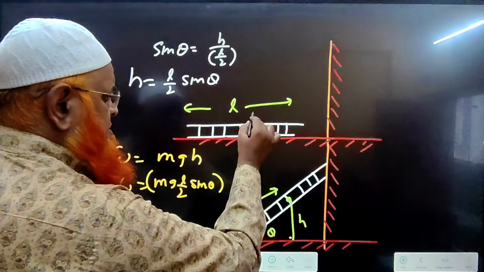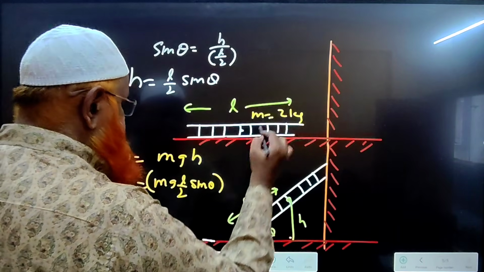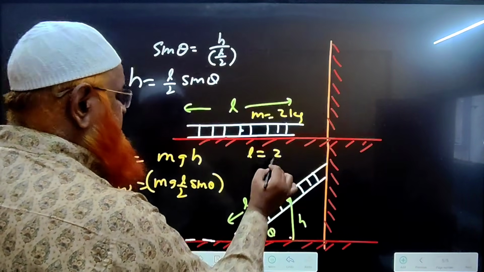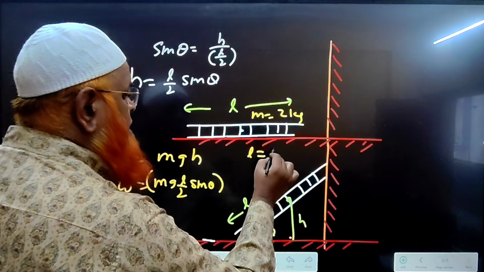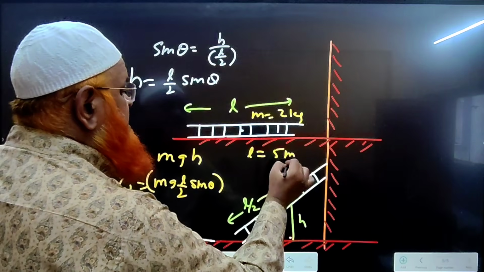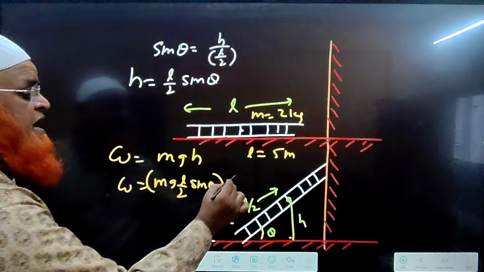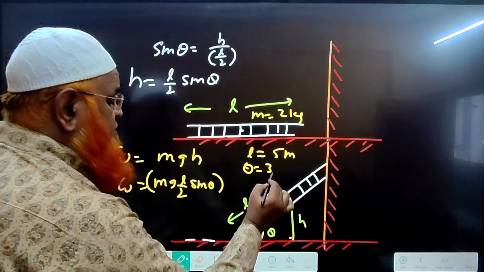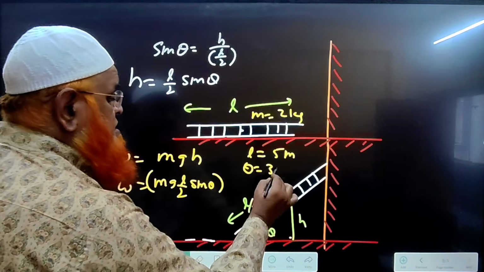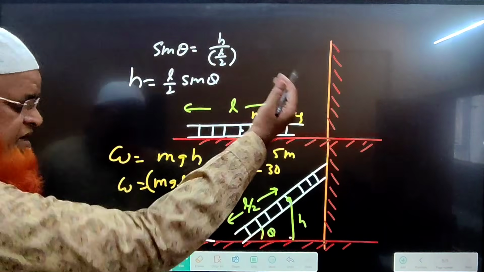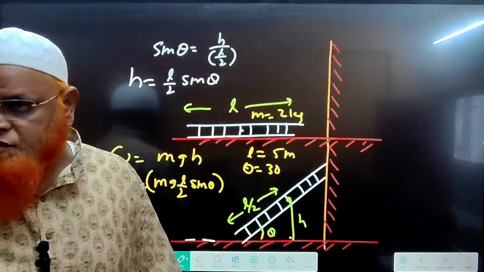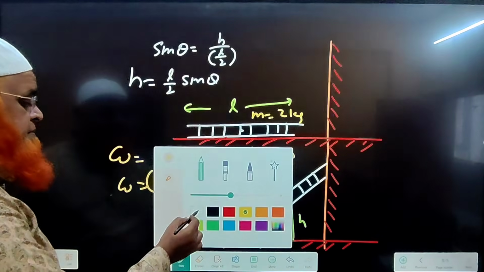Understand? So if the mass of the ladder is 2 kg and the length of the ladder is 5 meters, and it has been lifted to an angle of 30 degrees like this, what is the work done by you? The formula for that is ready.